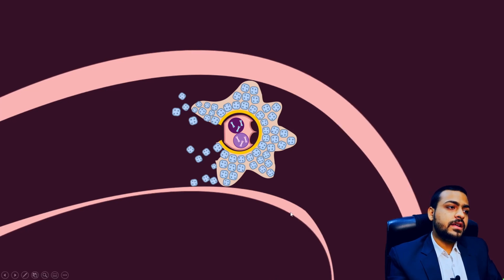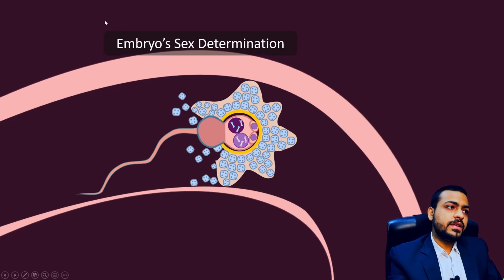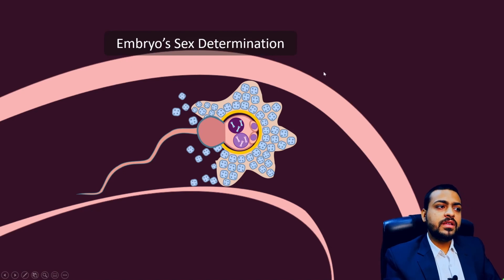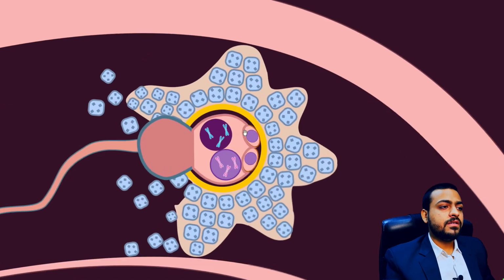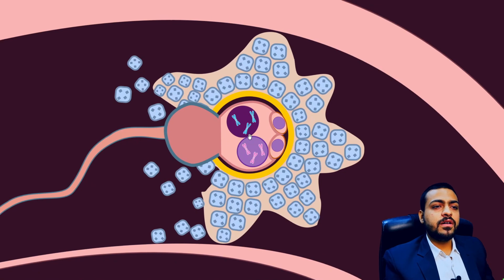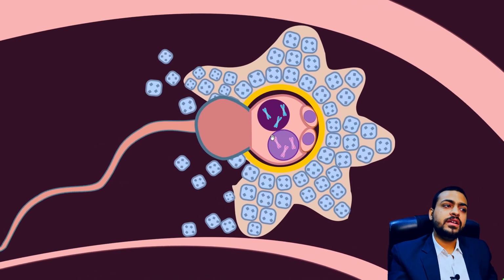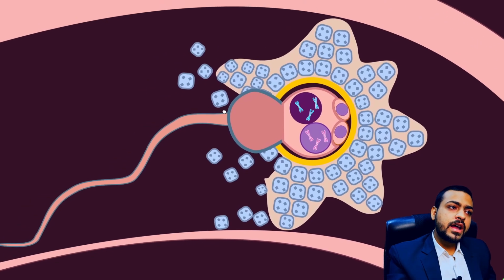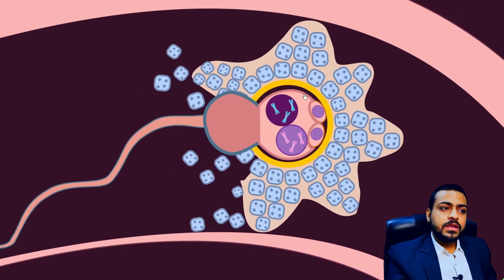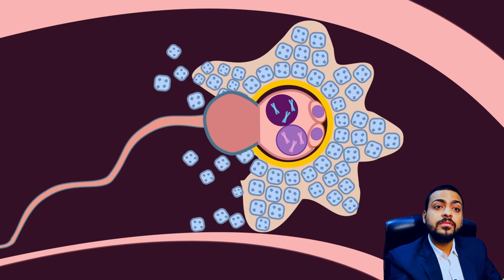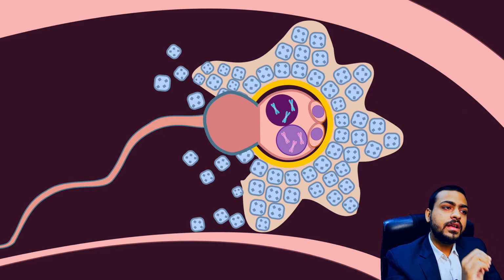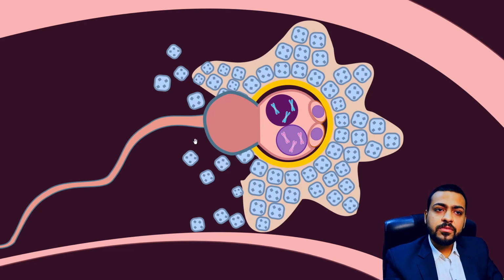Now another important point that should be discussed is embryo's sex determination, whether the embryo that is formed will be male or female. Well, it depends upon the type of sperm. The oocyte always contains an X chromosome, but the sperm may carry either an X chromosome or a Y chromosome.